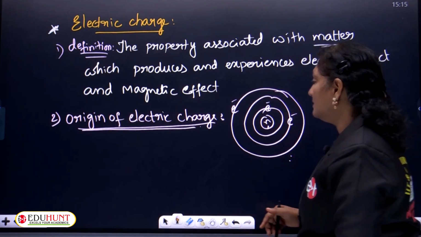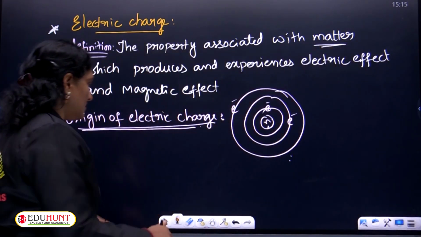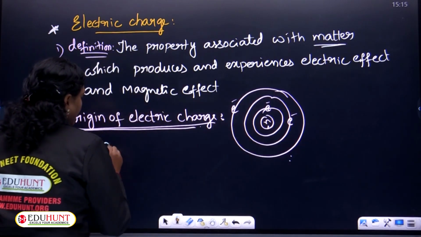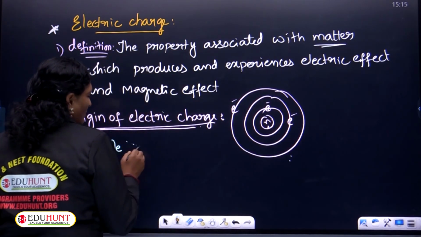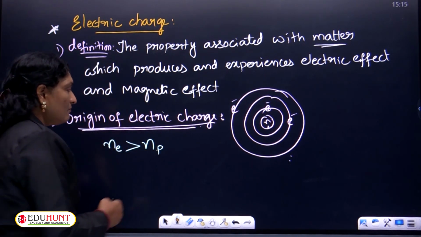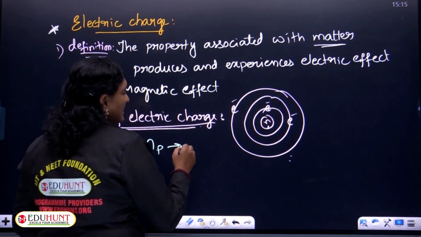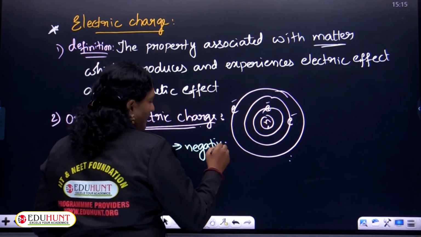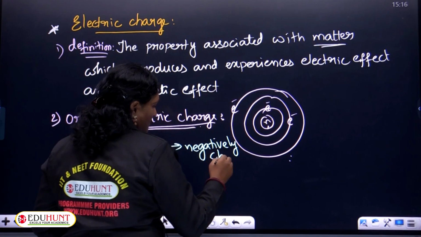So whenever the number of electrons in the atom or the element is more than the number of protons, then we can say that it is negatively charged. The body is negatively charged.